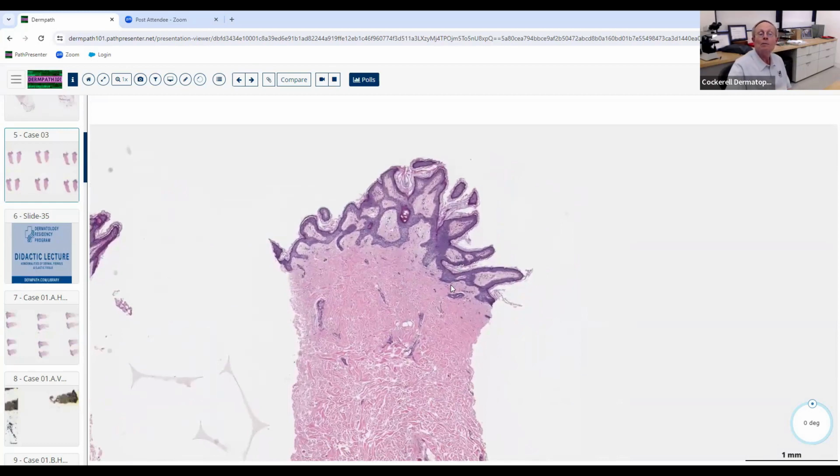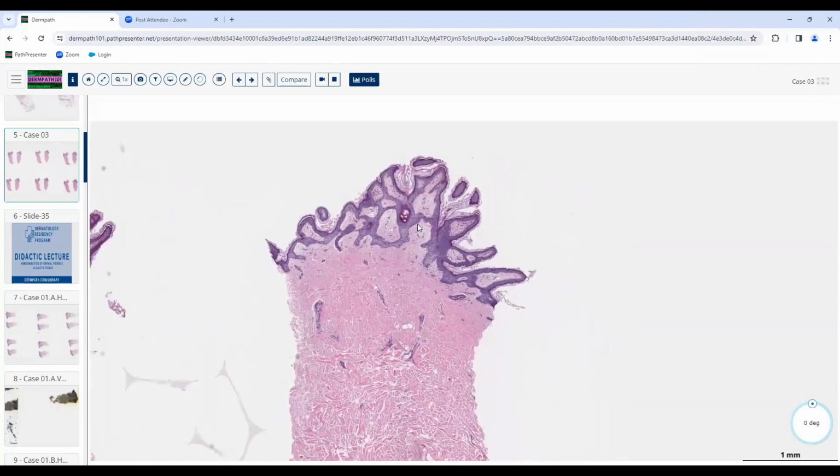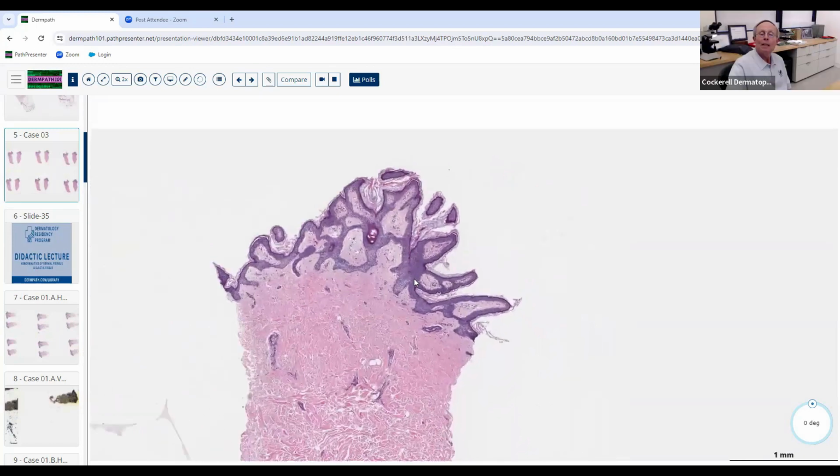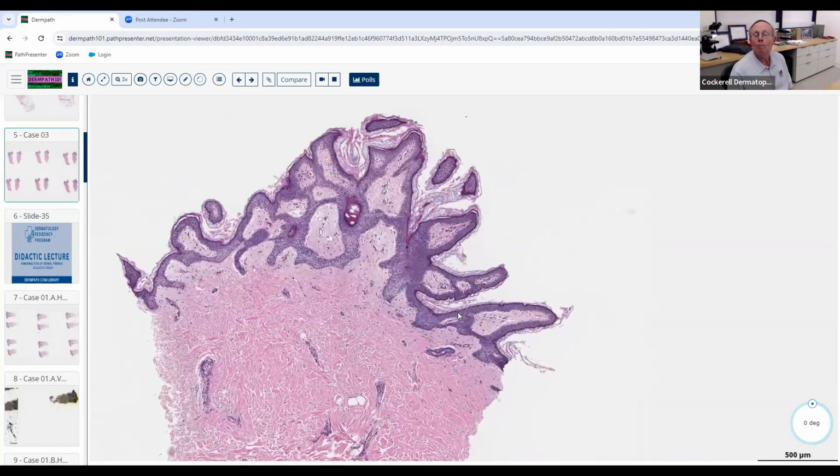So what do we see here? What's the main thing we're looking at? Papillomatosis? Yeah, good. And it's mostly epidermal papillomatosis. There's nothing in the dermis. This is purely an epidermal process.